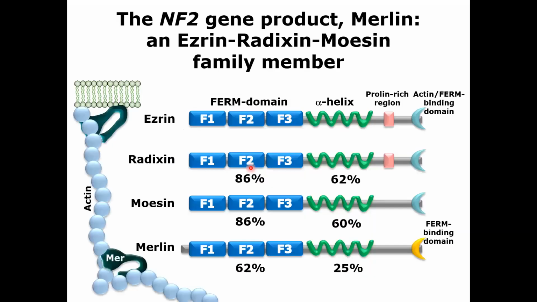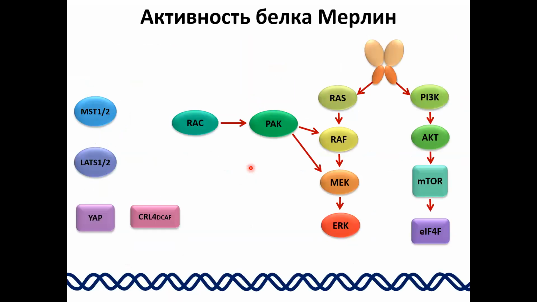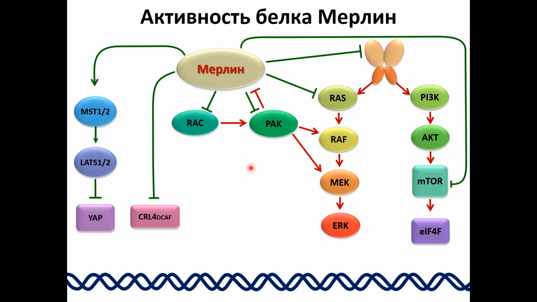So what is the NF2 gene product, Merlin? That's a protein that was first discovered as a member of the ezrin-radixin-moesin family, and it was deemed to be an actin cytoskeleton organizer. It still is deemed to be a cytoskeleton organizer, but now we know that Merlin is a tumor suppressor, and it suppresses a lot of signaling cascades. This mainly regards tyrosine kinases and subsequent cascades such as the MEK-ERK cascade and the PI3K-mTOR cascade.